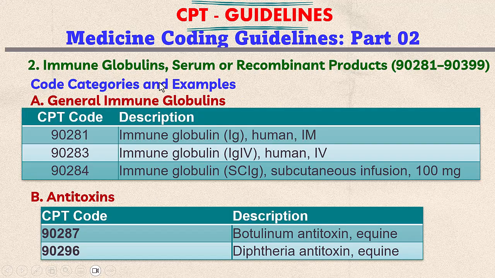Let's look at the code categories and examples. Category 1, general immune globulins. The codes are 90281 for immune globulin IgG for IM, 90283 for immune globulin IV, and 90284 for immune globulin subcutaneous infusion. You can take your CPT code book and read the code description. The second category is antitoxin: 90287 for botulinum antitoxin, equine, and 90296 for diphtheria antitoxin.